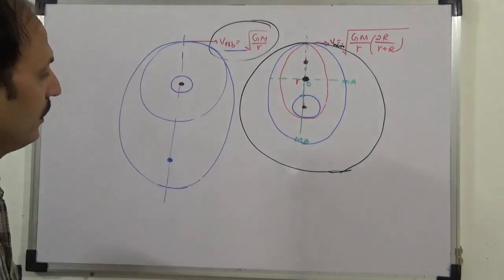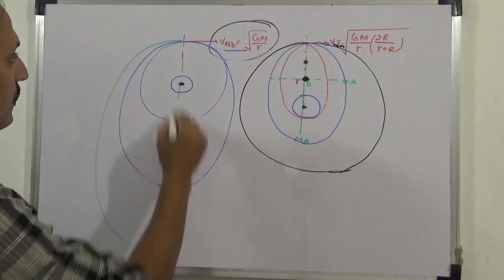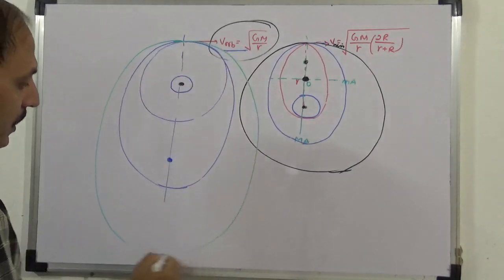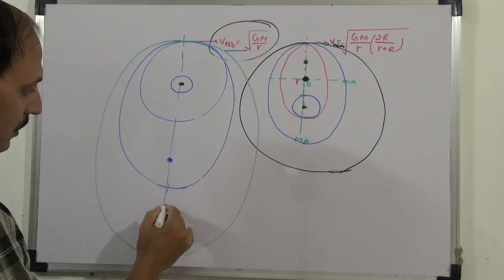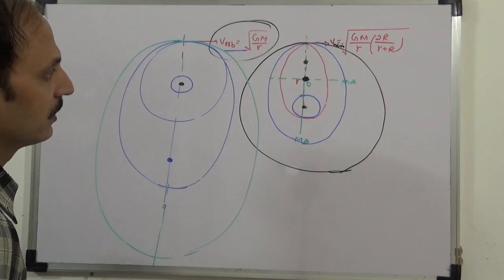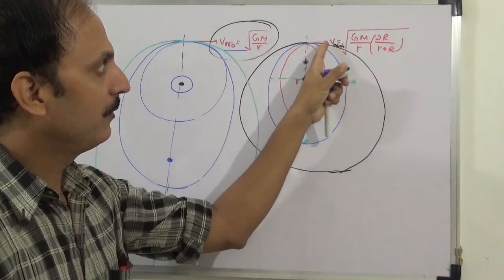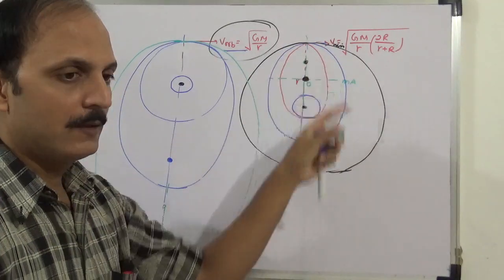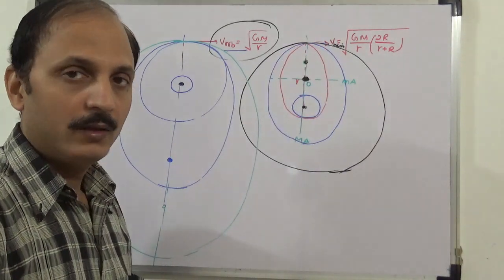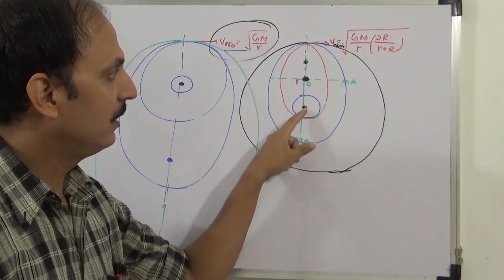Up to what is this going to go? So you can see here, when v minimum, for which it is going to execute the orbiting of earth, is an elliptical path which is going to touch here, and earth is a far focus.